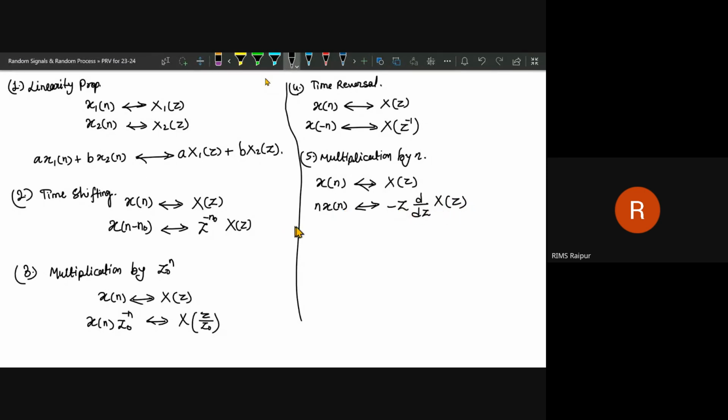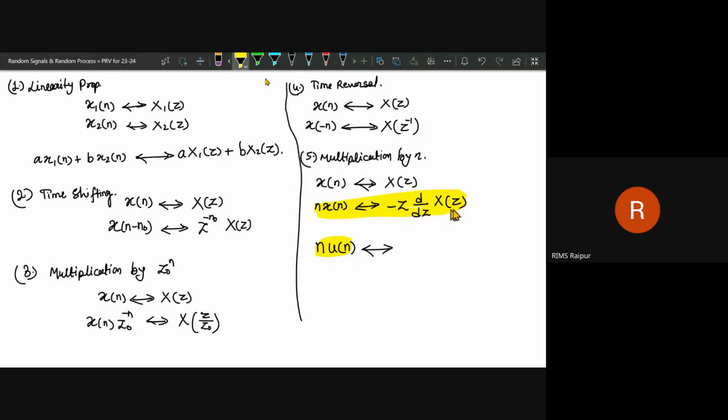So you can simply find the Z transform of n u of n. Can anyone tell me the Z transform of this signal by applying this property?